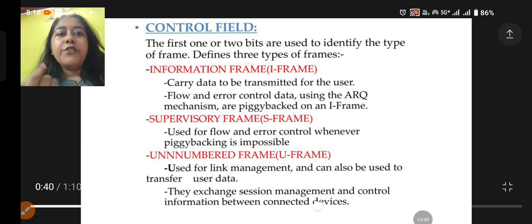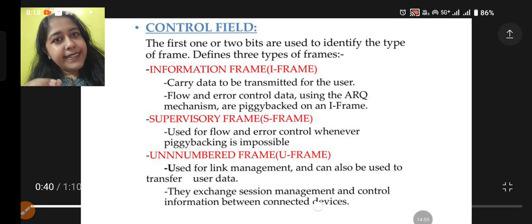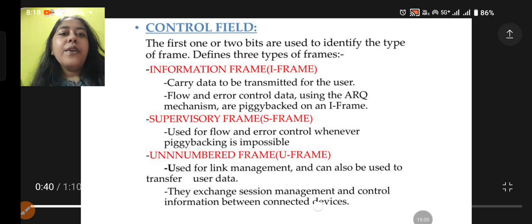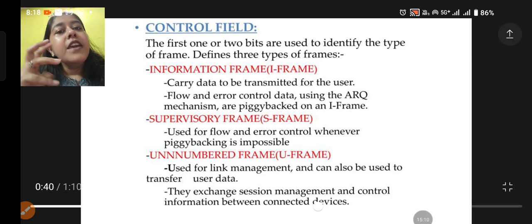I have already told: the information frame, I frame, carries data to be transmitted for the user. It is carrying the data which is to be transmitted for the user. Now flow and error control data: as we already know, the protocols and ARQs we have studied till today are for error control and flow control.